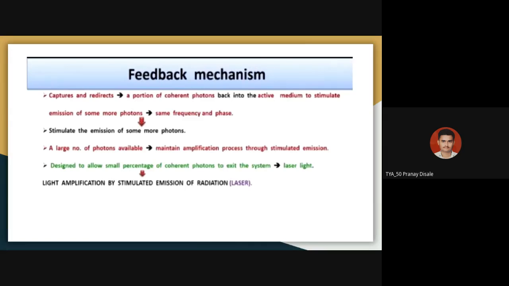At that time they release the energy in the form of a photon, which carries some energy in a random form.